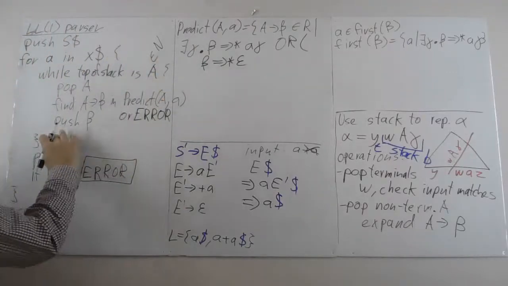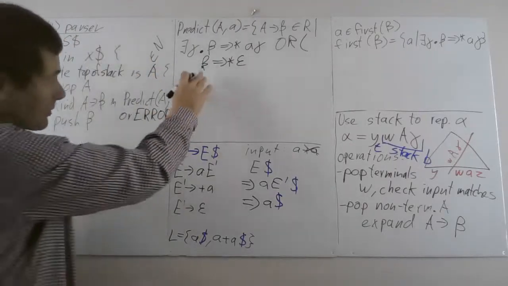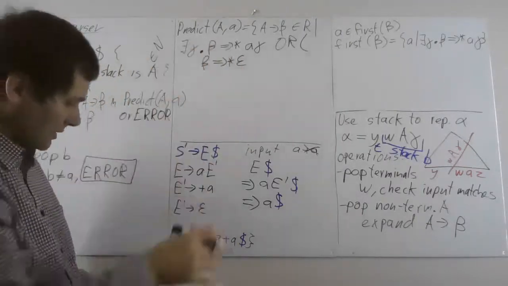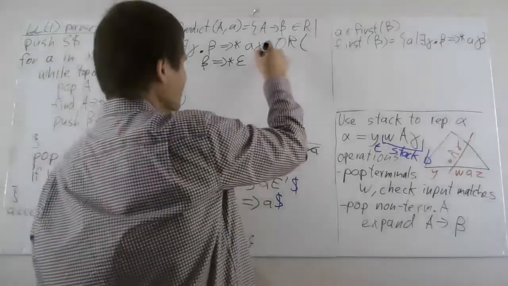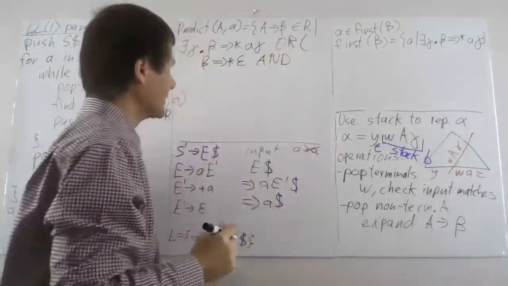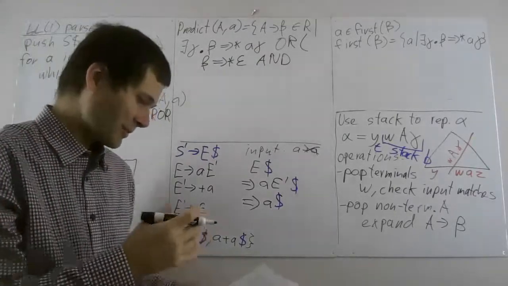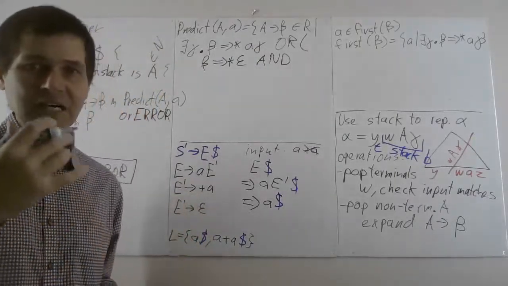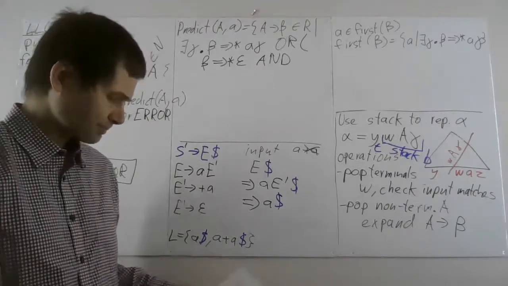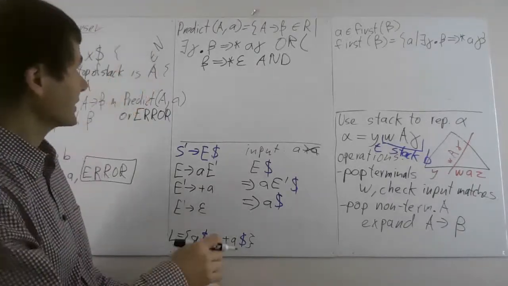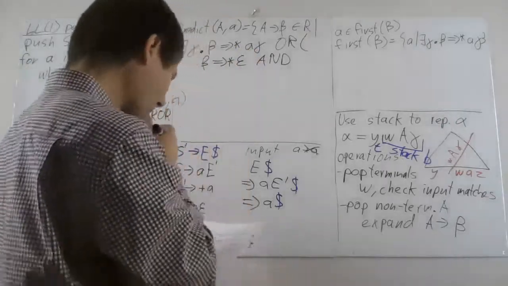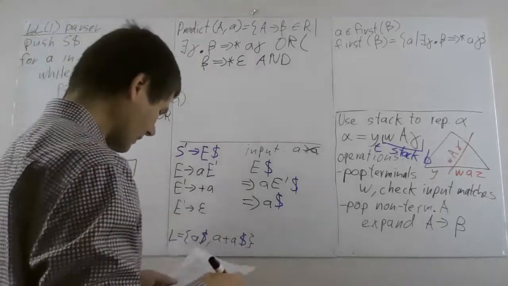By the time I get out of the while loop, essentially beta has turned into the empty string. So beta goes to the empty string, and what I want to say is that what's on the stack after beta is this little a.